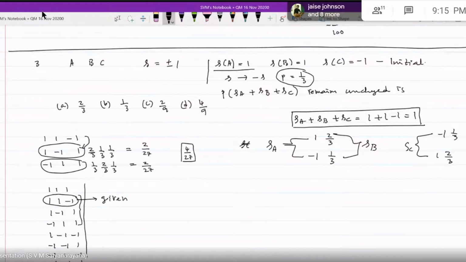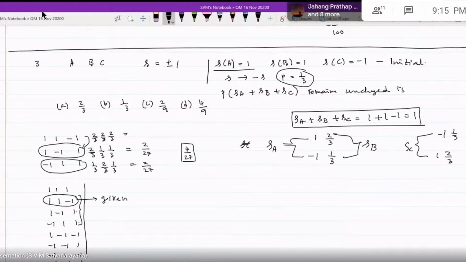So in the next instant, it can go to this, or it can go to this, or it can remain there itself. That is also a possibility. So it can remain there means it is 2 by 3, 2 by 3, and 2 by 3.